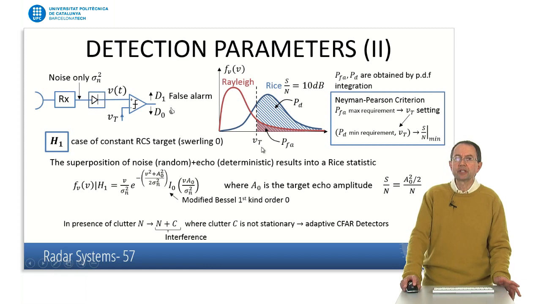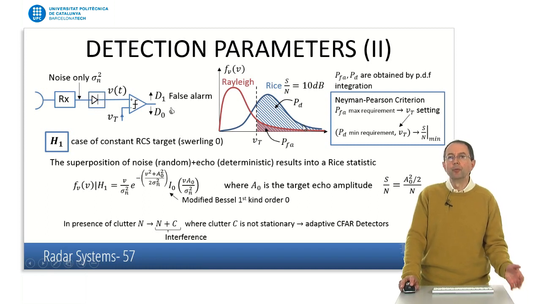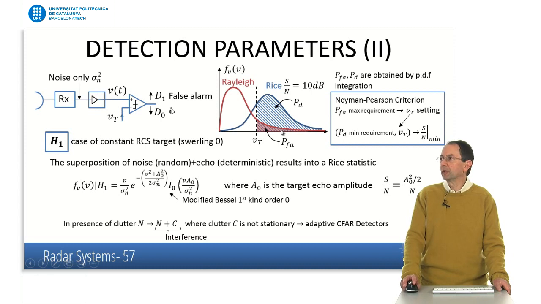If we use the same threshold as before, VT, the probability of detection is the integration of this blue area, and in this way we can compute both the probability of false alarm and the probability of detection.